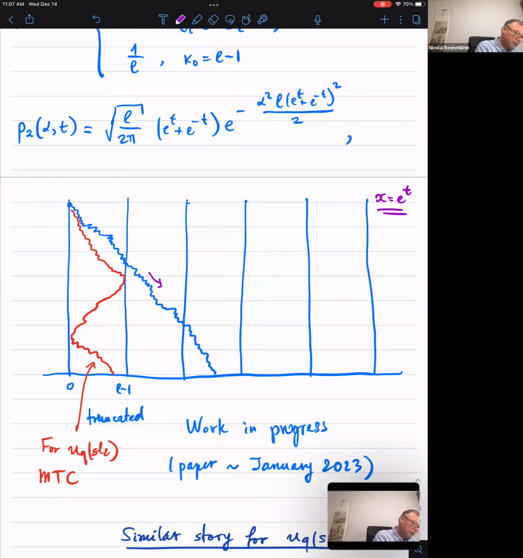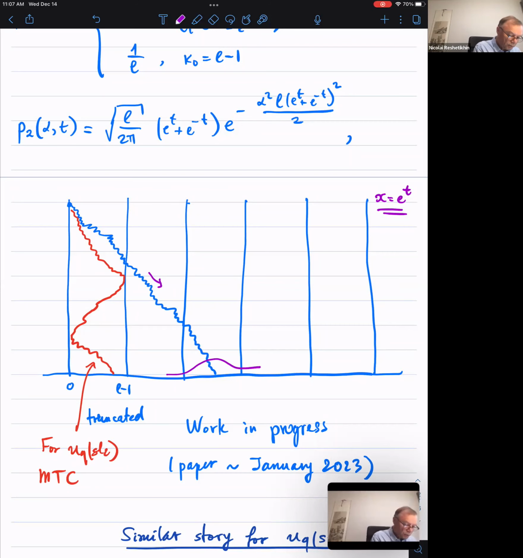So here is the drift. It crosses infinitely many of these walls, and then at the end it's distributed in a Gaussian way between the walls. But then also microscopically there is a remainder.